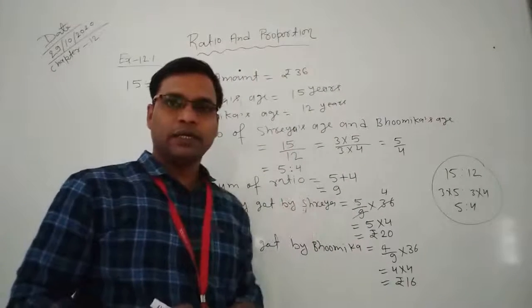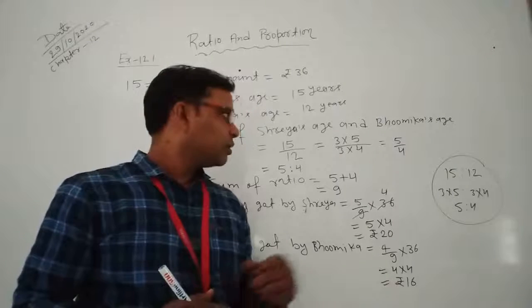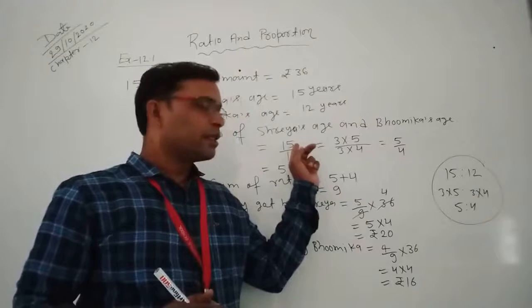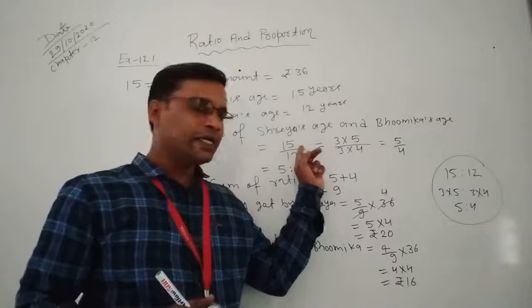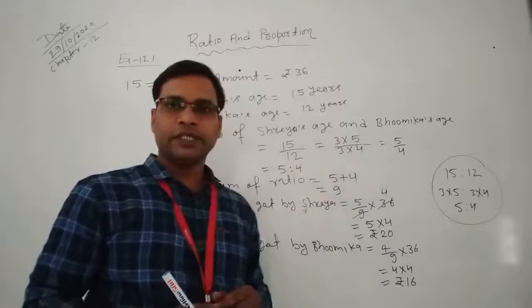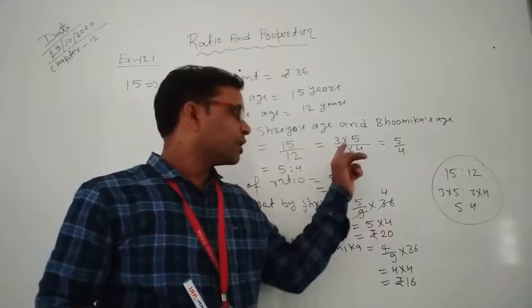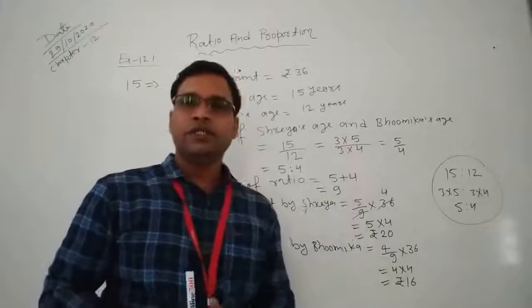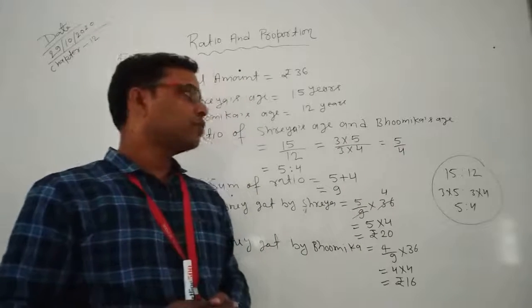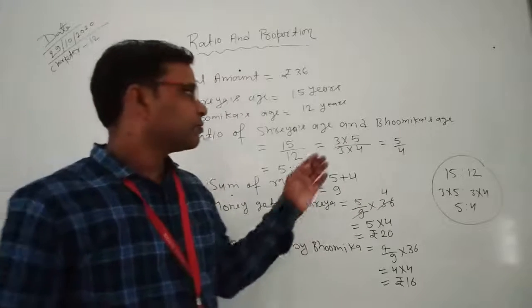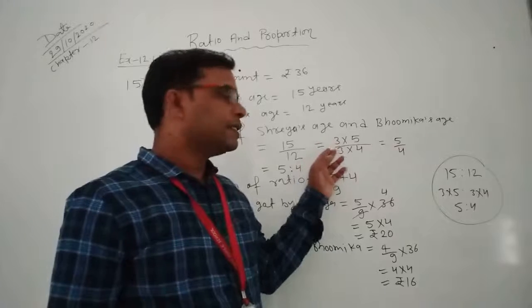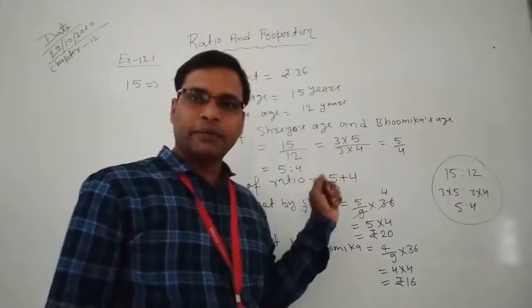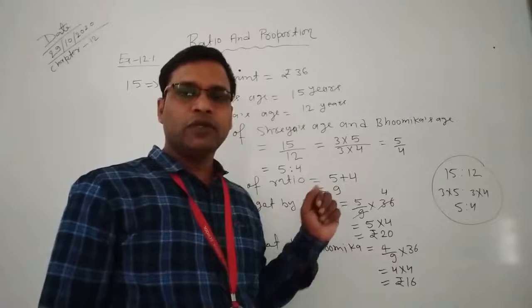Or simply you can write 15 by 12. You can break it: 15 is 3 into 5, and 12 is 3 into 4. Here you can see 3 is common in numerator and denominator, so it will be cancelled and you obtain 1.